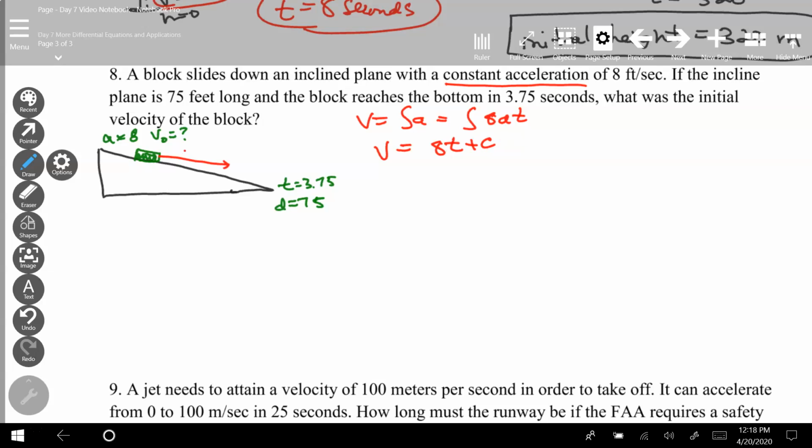At t equals 0, I don't know its velocity, so I plug in 0. I get v sub 0 is equal to c. So my velocity equation is 8t plus v sub 0.